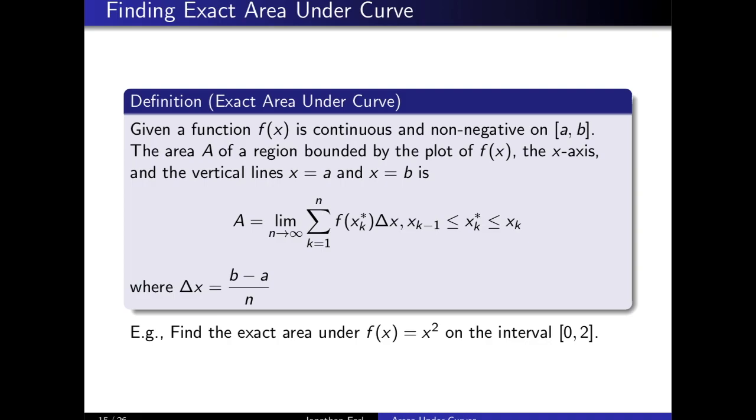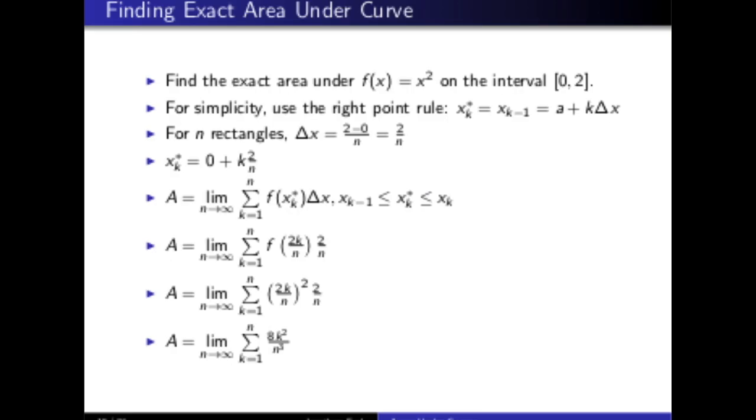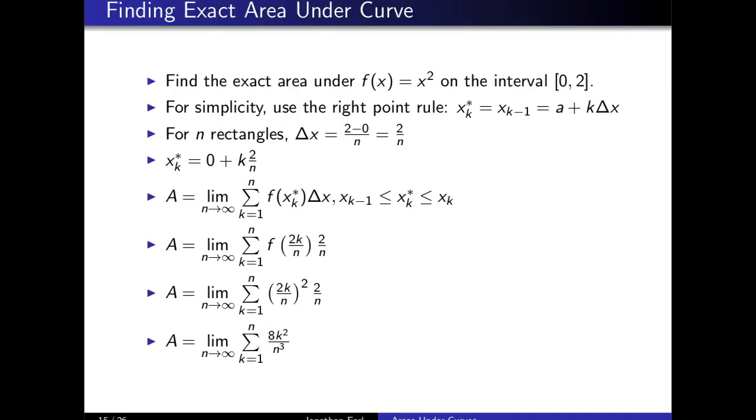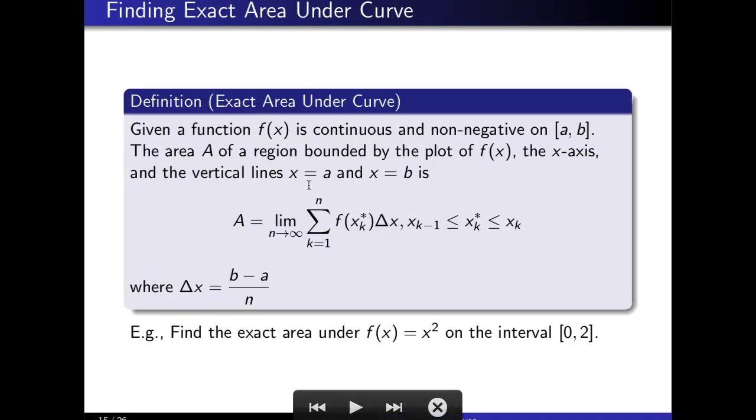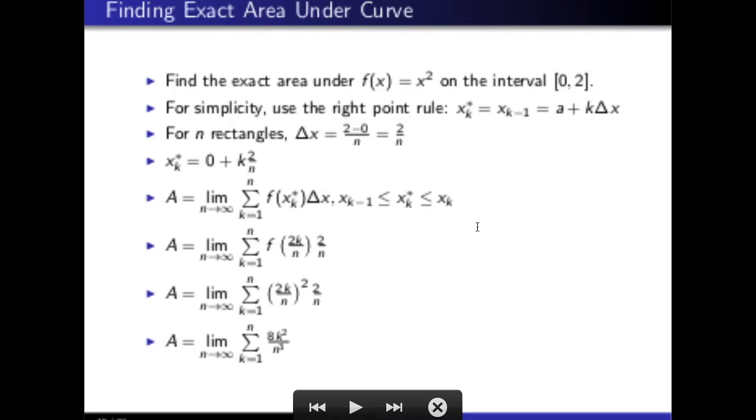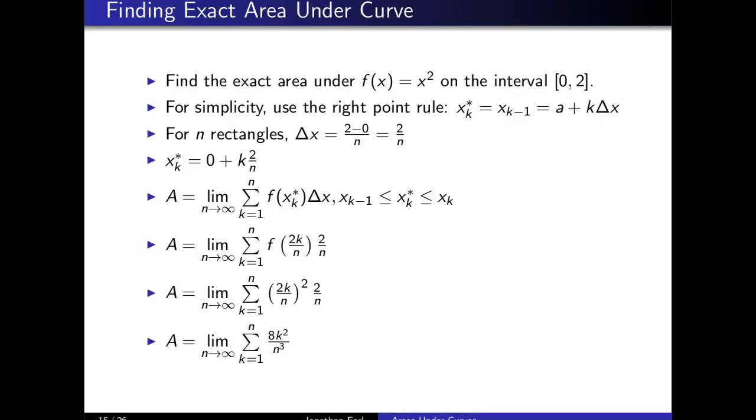So let's find the exact area underneath the curve x squared over the interval 0 to 2. Okay, so I'm going to do this using the right point rule, but what's nice here is that it wouldn't really matter which rule we use for the xk stars, but I'm just going to use the right point rule for simplicity.